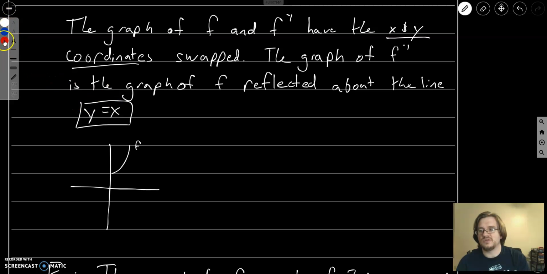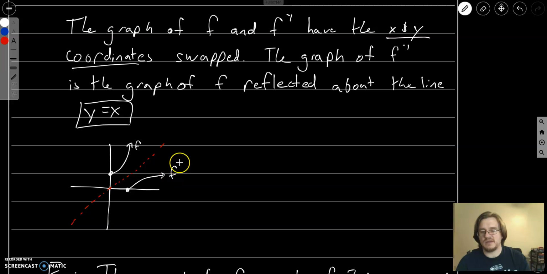So what we'll do is take this graph. We have this function. It starts here and then sort of comes up. What we'll do is draw this line where y is equal to x. So this is roughly this line. And if we reflect everything across this line, it will look a little bit like this.